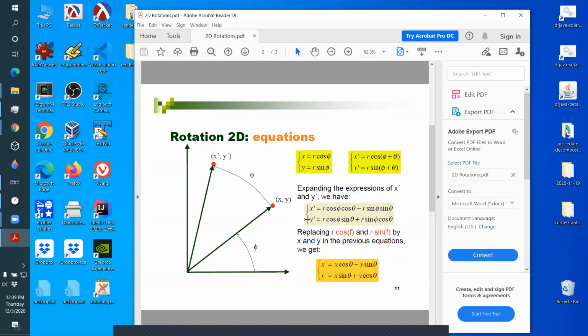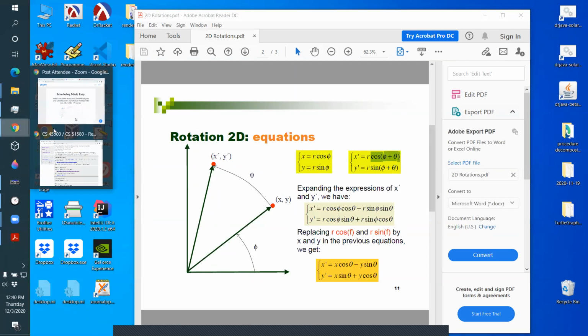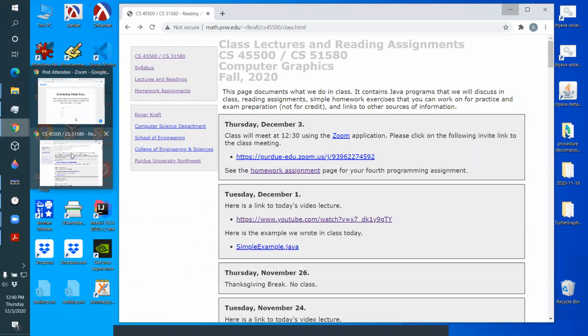Then you write x' in polar coordinates. Its r is the same, but its angle is the sum of these two angles. Now the only trick is to apply a real famous trig identity to that sum of two angles.